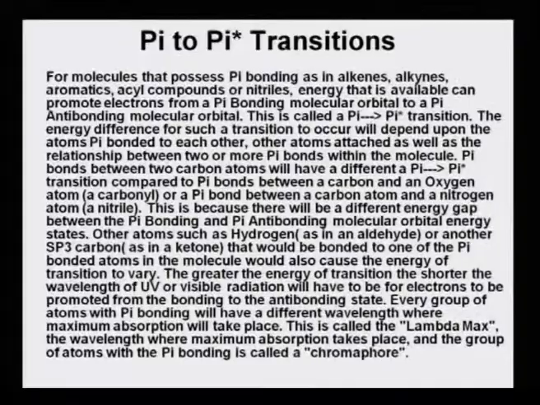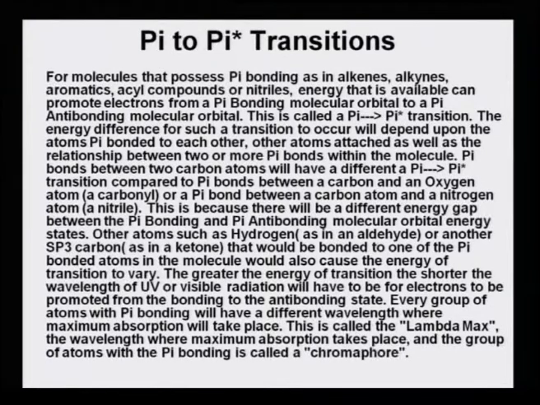Why? Because when there is a heteroatom, a pi to pi star transition is possible and an n to pi star transition is also possible, particularly in the case of heteroatoms like oxygen and nitrogen. This is because there will be different energy gaps between the pi bonding and the pi anti-bonding molecular orbital energies and their states.